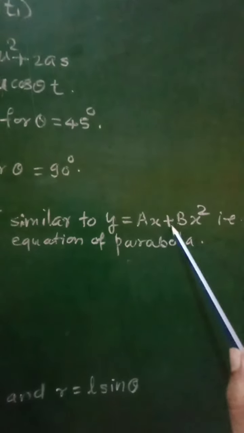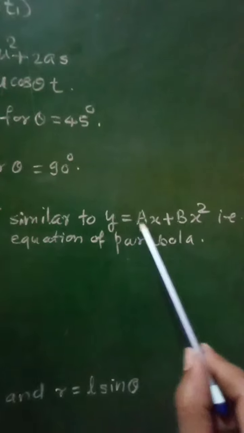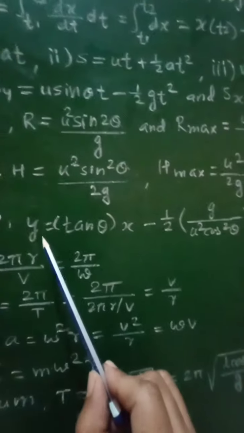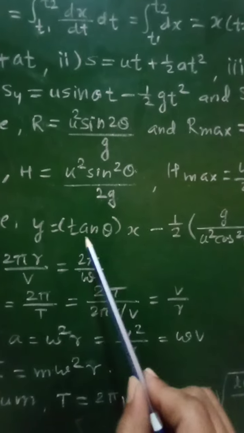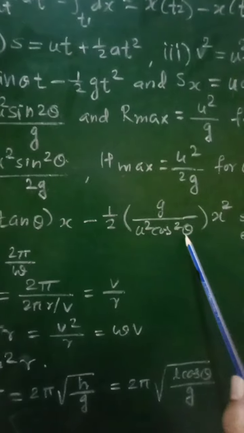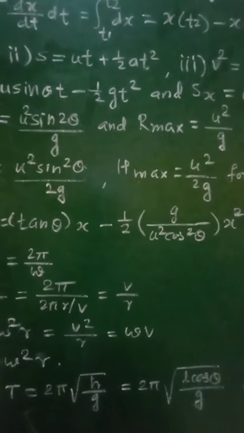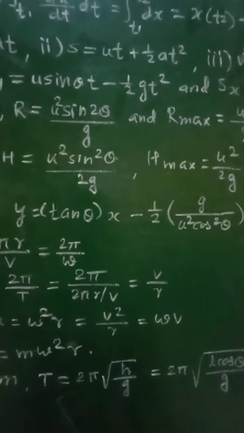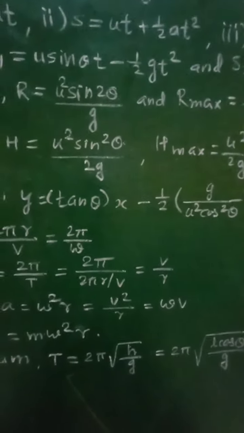But this is the equation of a parabola, and therefore y is equal to tan theta x minus half g upon u square cos square theta into x square represents the equation of a parabola, that is the equation of motion of the projectile.